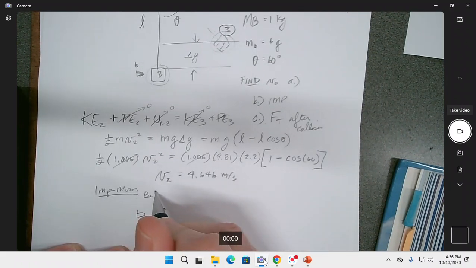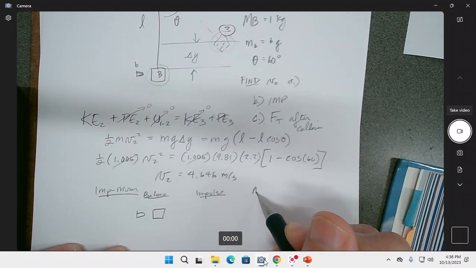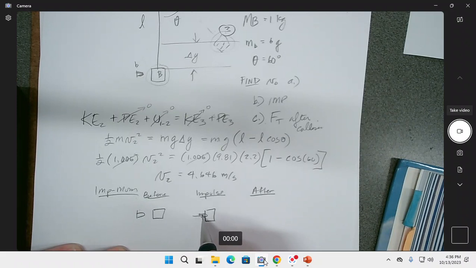So before impulse, after. So you go through the impulse, kaboom, and after they go together.